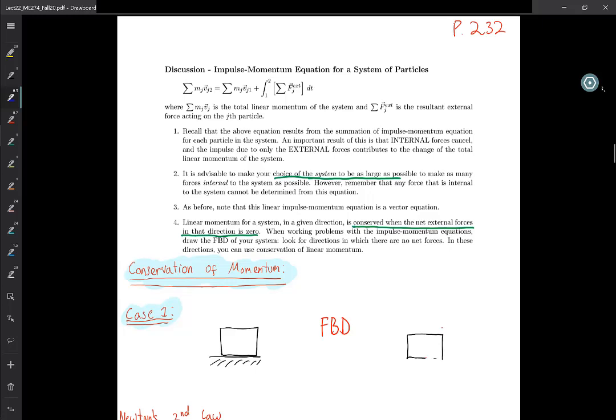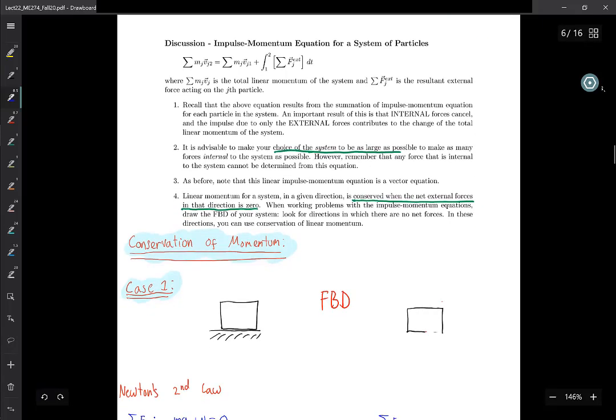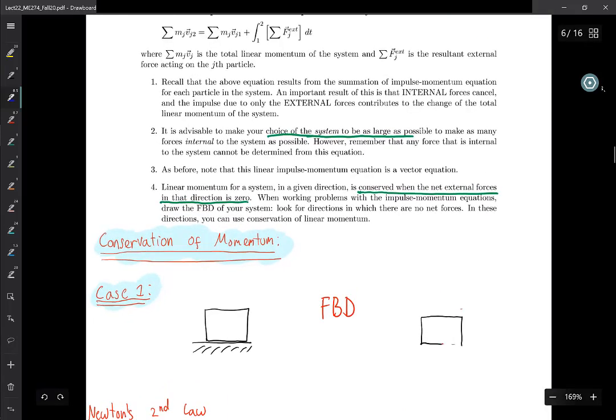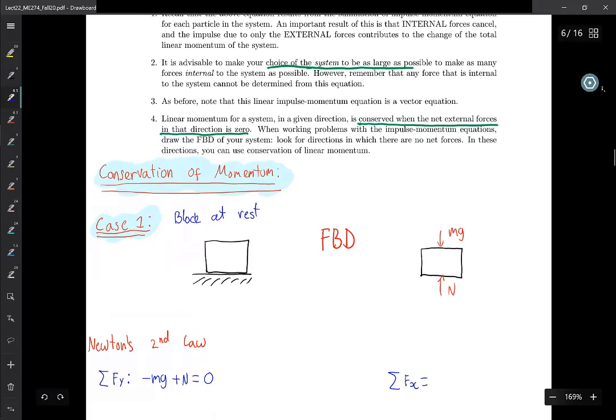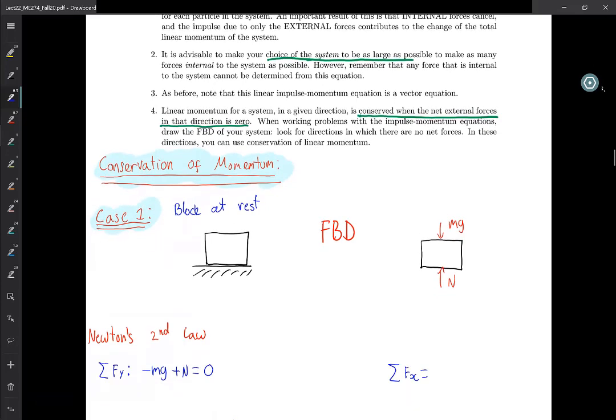Let's say that this, what I call case one, is the block is at rest. So this block, the free body diagram, is going to be subject to these forces. Weight and normal force. But we can see, rather simply, that the forces in the y direction are balanced, it is static, right?